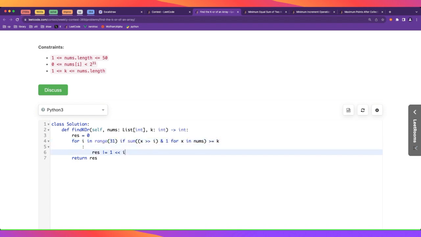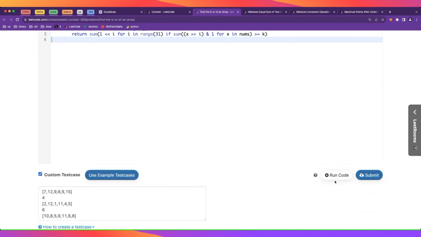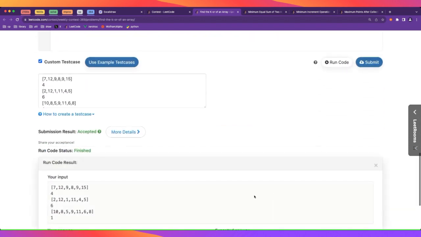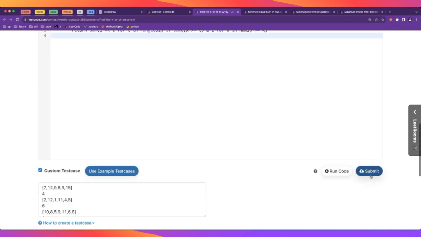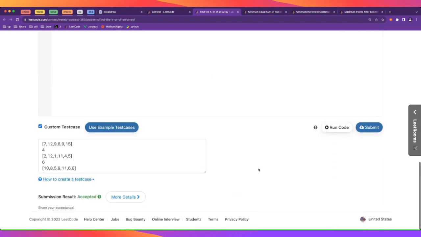Instead of ORing, we can do a sum, since all the bits are exclusive. There's no intersection, so we can turn this into a one-liner like this. And we get accepted. Cool.